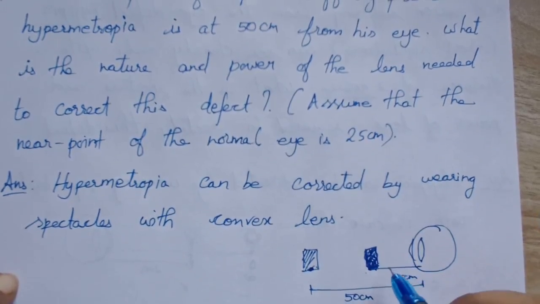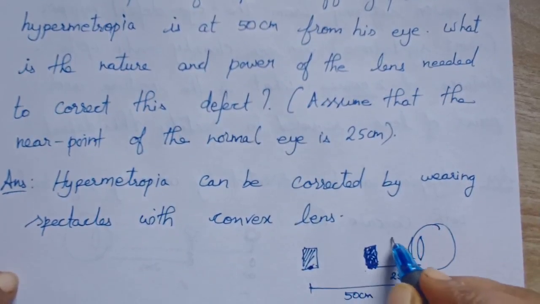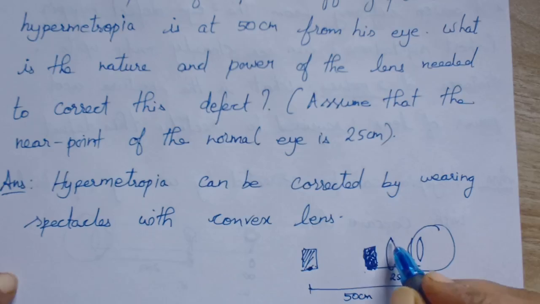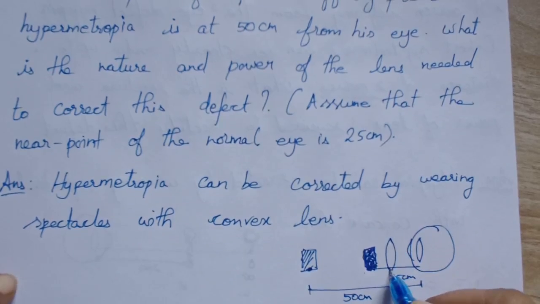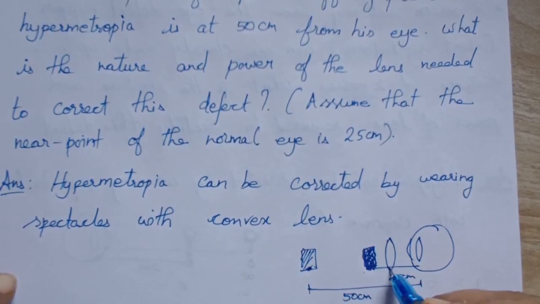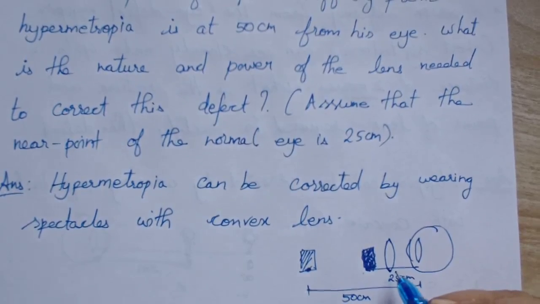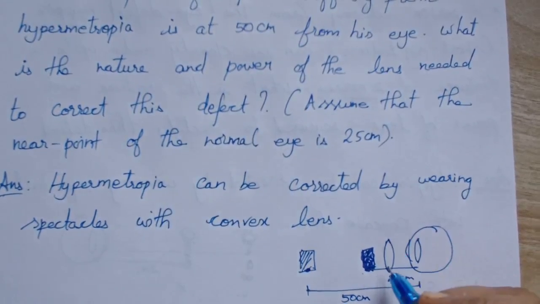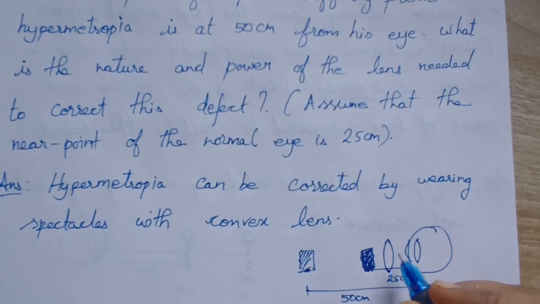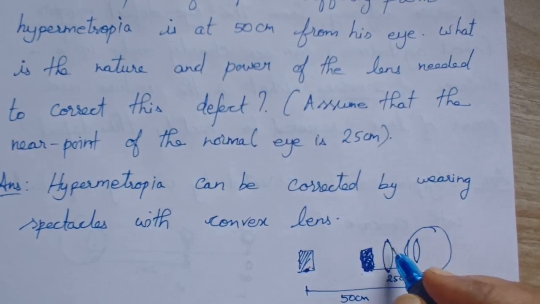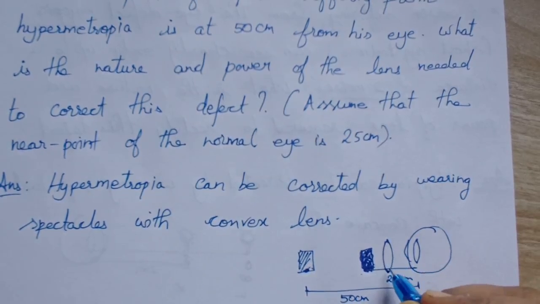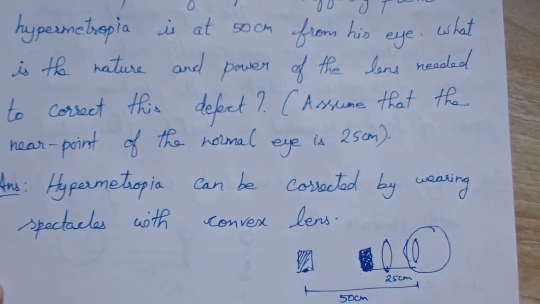What will be the convex lens to be used in the spectacles? In the same way we are going to calculate that. For finding the power, before that we need to find the focal length of the lens, then only we can find the power of the lens.